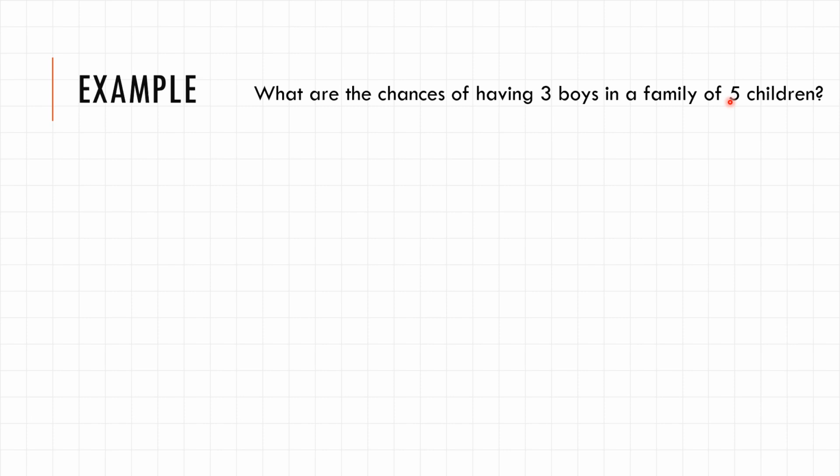For example, when this family had their first child, there were 2 possible outcomes. That child could have been a boy or could have been a girl. And if one of these were true, when the parents had their second child, again that was 2 outcomes.